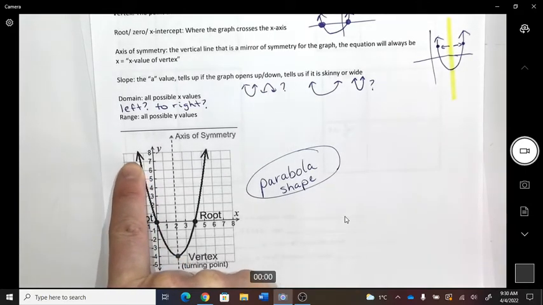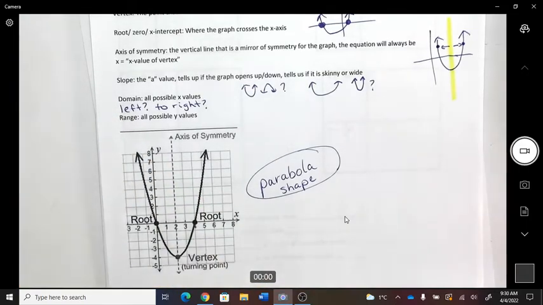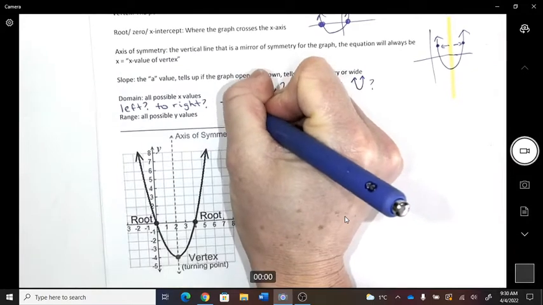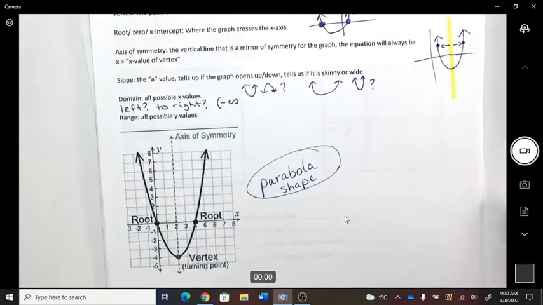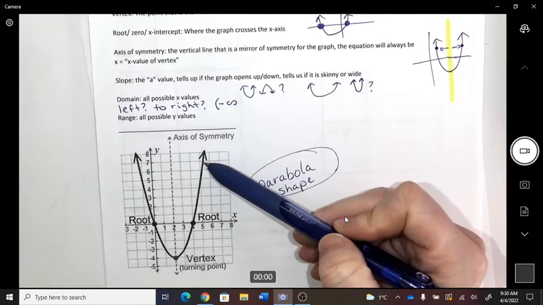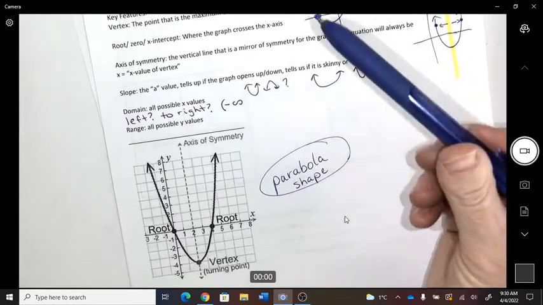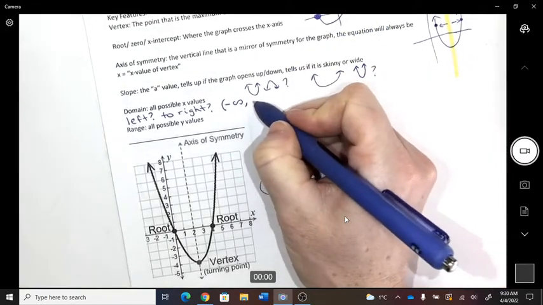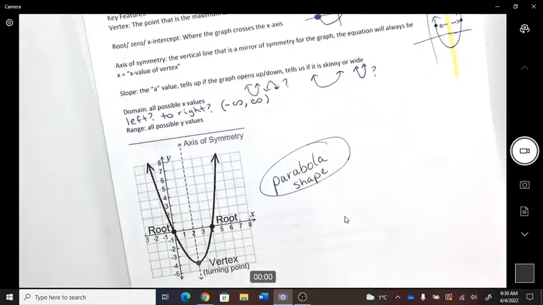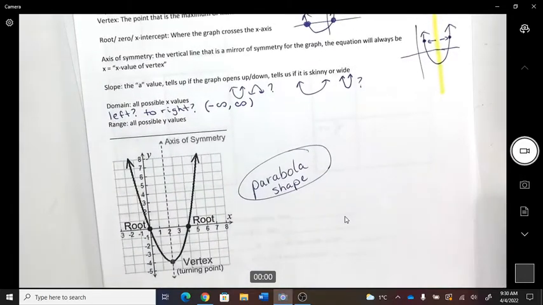This arrow means it's going, going, going. In a math sense, it's going left, so I'm going to go negative infinity. How far right do we go? On this graph, it just keeps going, so comma positive infinity. It goes from negative infinity to positive infinity.